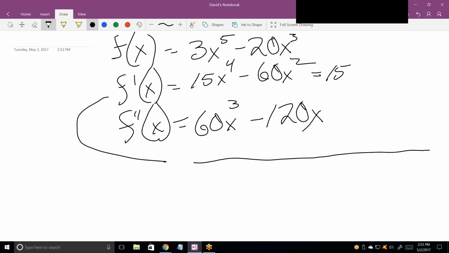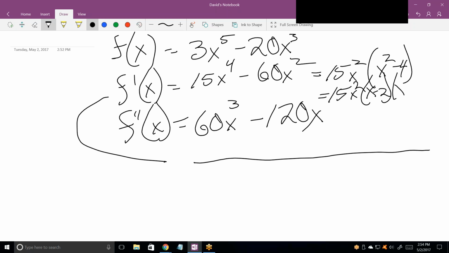That's 15x squared times x squared minus 4, which is actually 15x squared times x minus 2 times x plus 2. What are my critical points on the derivative chart? 0, +2, and -2.